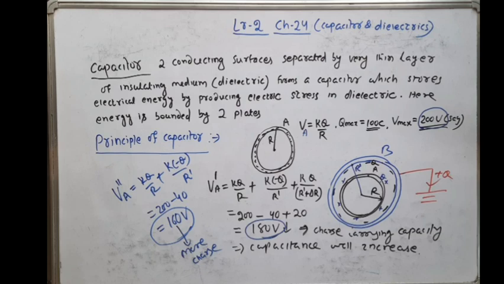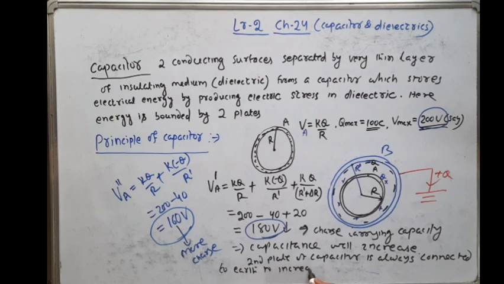Okay, so we may write this statement: the second plate of a capacitor is always connected to earth to increase its capacity or capacitance. Okay, so this is a very important statement.